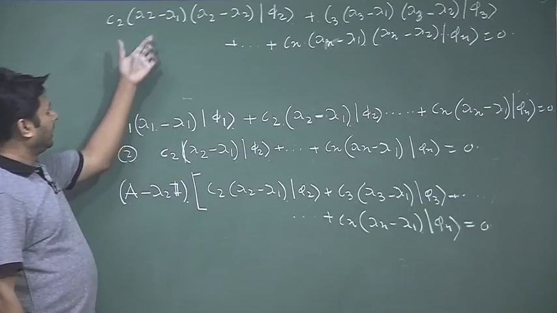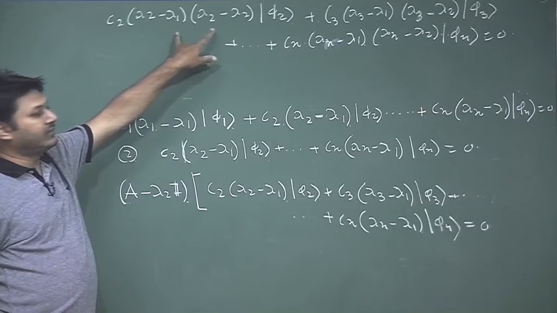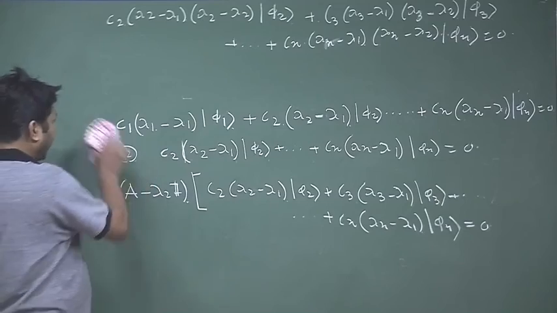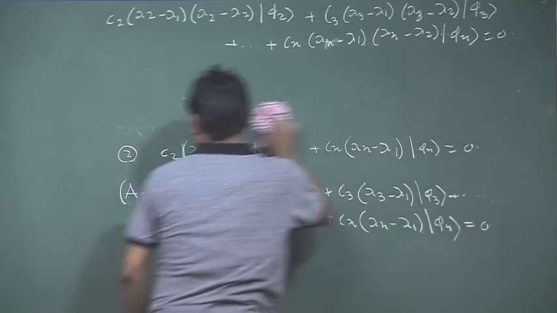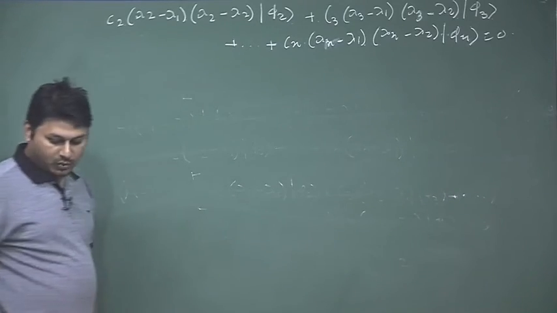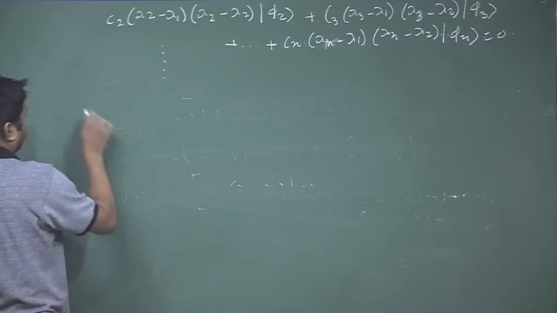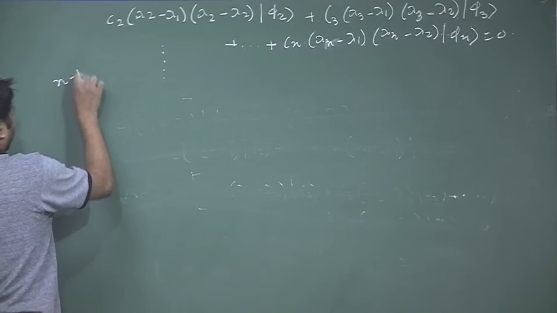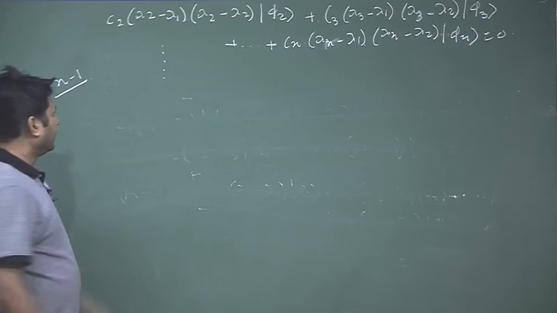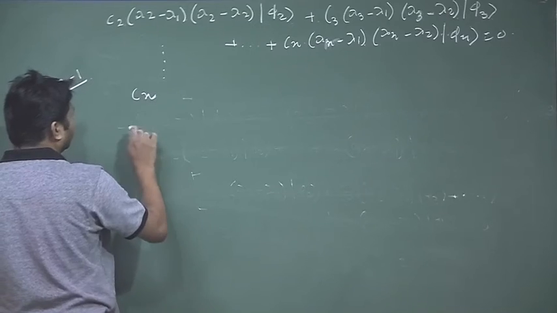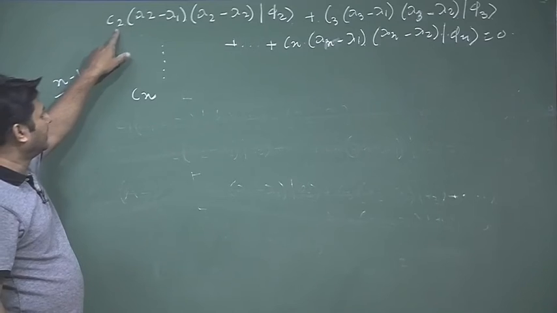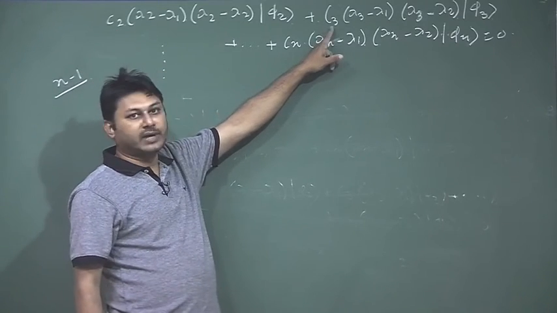Now, again this C2 term will vanish because λ2 − λ2 is 0. If I go on with n − 1 operations, then finally I get one final equation, because C1 vanishes in the first operation, C2 vanishes in the second operation, C3 vanishes in the third operation, and so on.